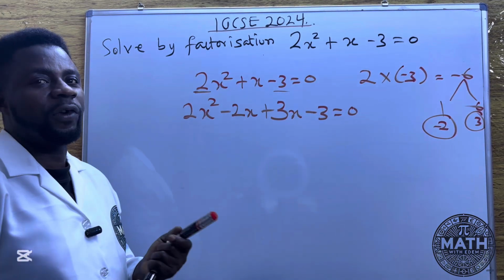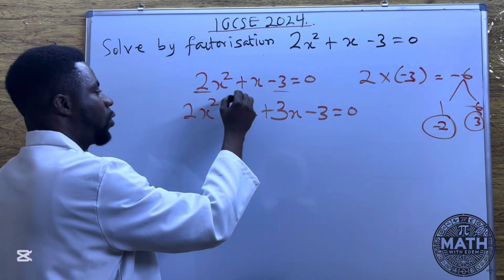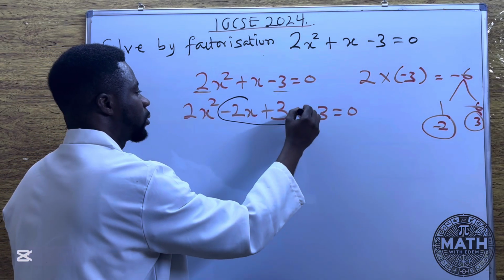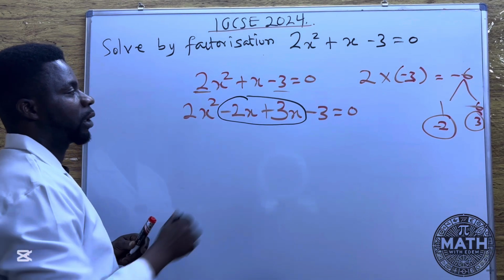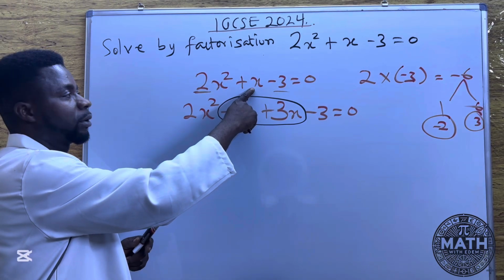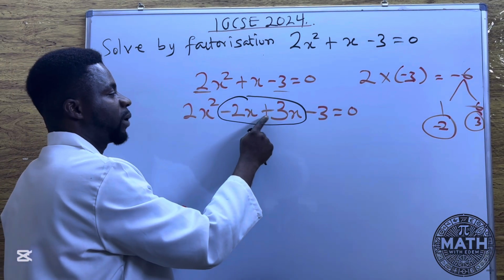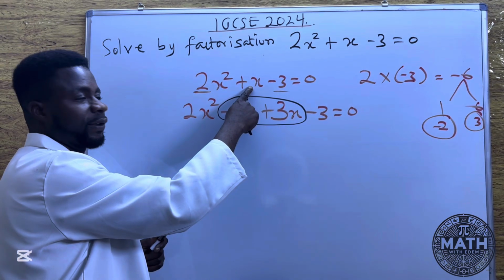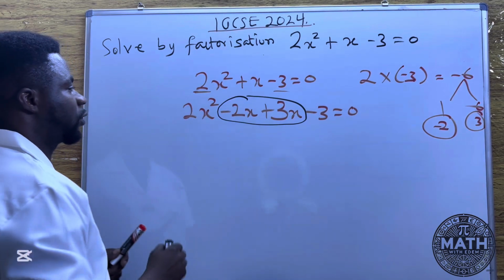Don't forget that the whole of this gives us x. So negative 2x plus 3x gives us x. Great, so let us continue.